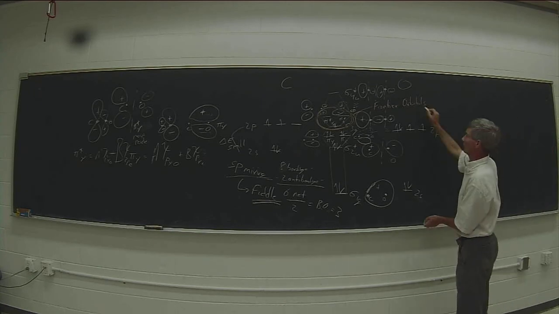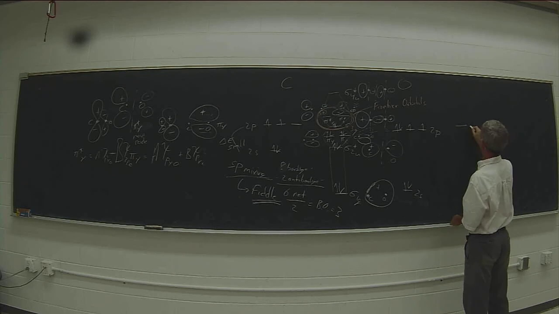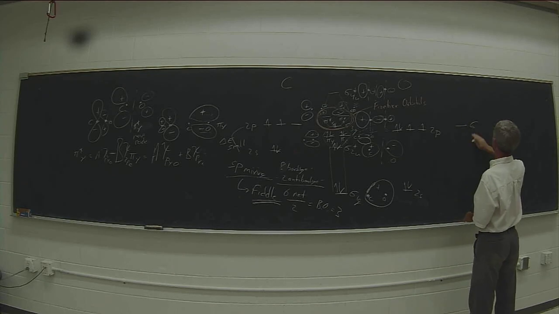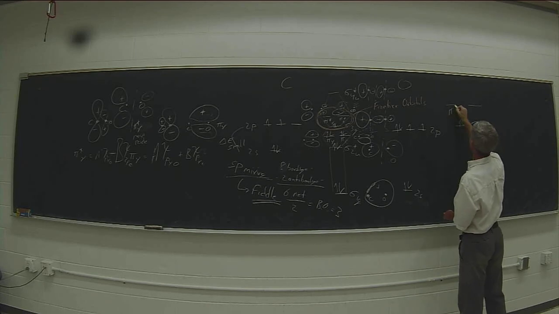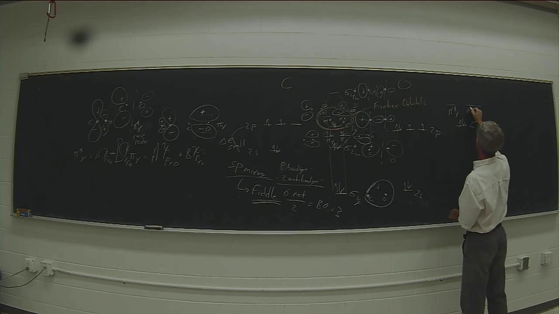So if I blow this up, and my frontier orbital, sigma 3g, is below pi star y and pi star z.